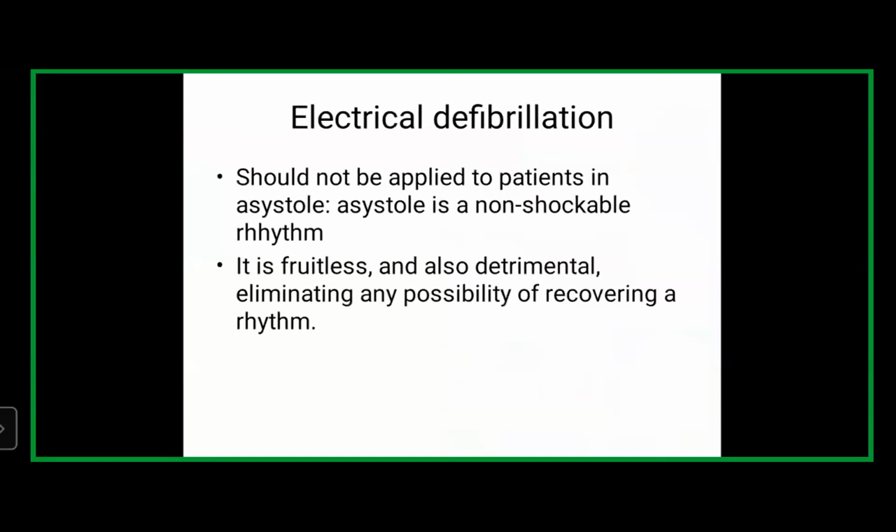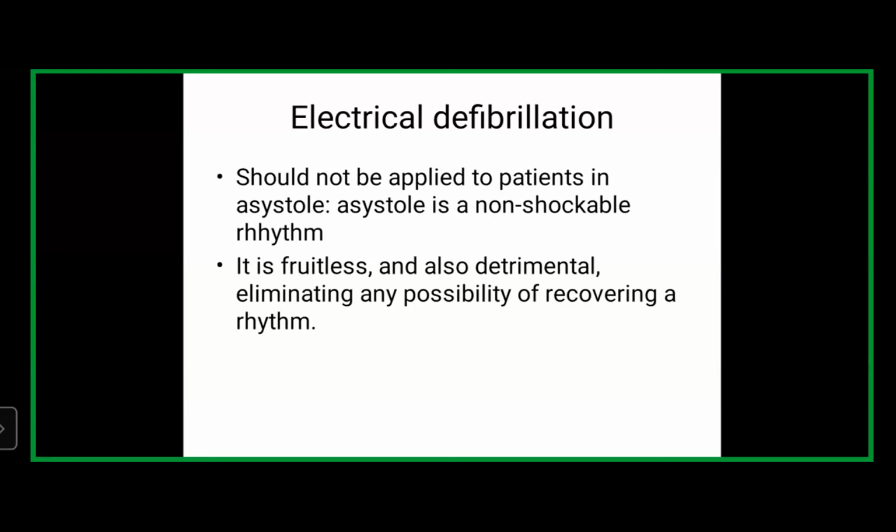So in asystole, electrical defibrillation is not advised because asystole is a non-shockable reading. Looking at what we've talked about, the etiology could be a result of degeneration of the SA node or ischemia in the SA node, and perhaps the AV node.